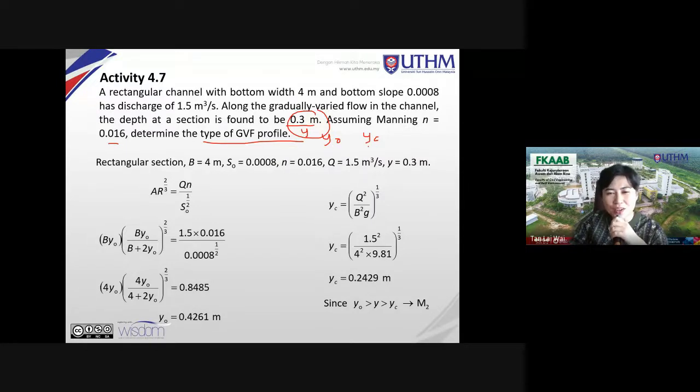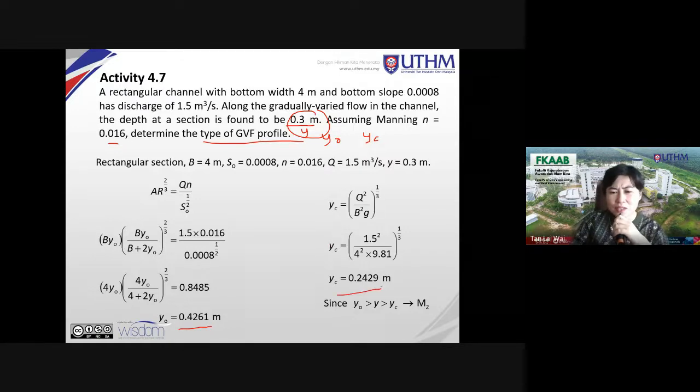By comparing Y naught and YC, we know the type of slope. Then compare it with Y, we can get the zone. So the step would be, you can find YC first or Y naught, it doesn't matter. Saya cari Y naught dulu lah. Alright, dah dapat Y naught. Then I find YC.